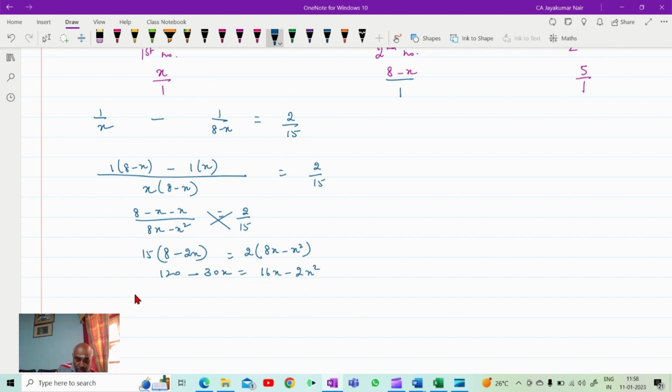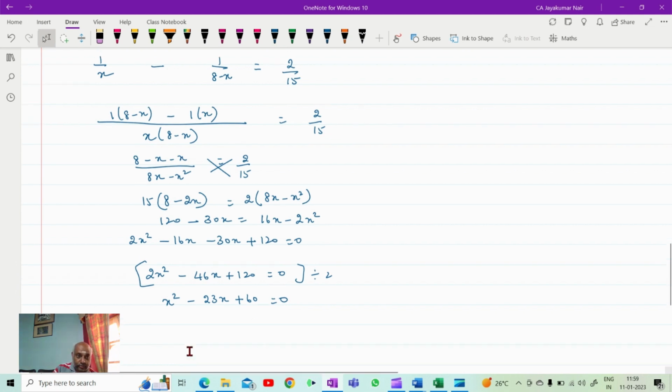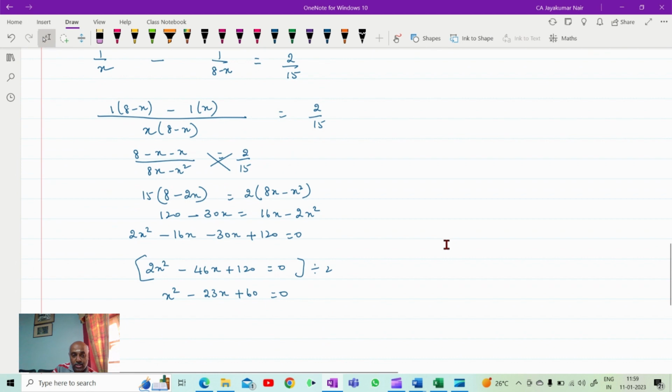You bring this here, it will be 2x squared minus 16x minus 30x plus 120 is equal to 0. So 2x squared minus 46x plus 120 is equal to 0. Common factor is 2, divide this by 2. You will get x squared minus 23x plus 60 is equal to 0.